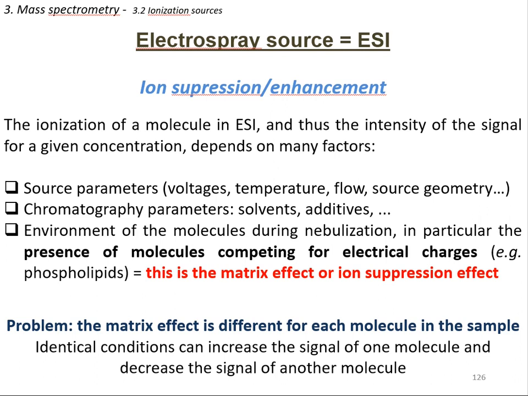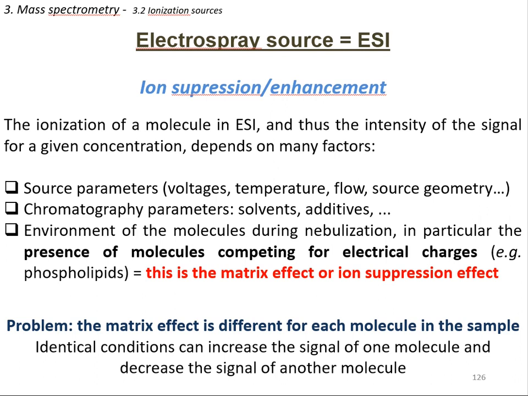It will also depend on the chromatographic parameters, the solvents, the additive, do you have formic acid or not, for example. And also on the environment of the molecule during nebulization, in particular the presence of molecules competing for electric charges, like phospholipids. So if your molecule is eluting after separation at the same time as another molecule that can take the charges, then you will have what we call a matrix effect, or an ion suppression or enhancement effect.